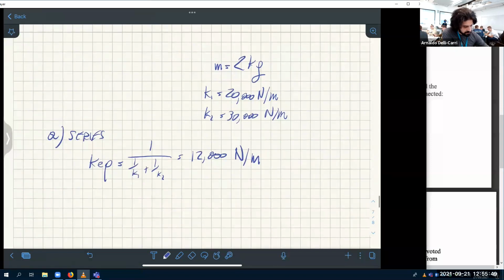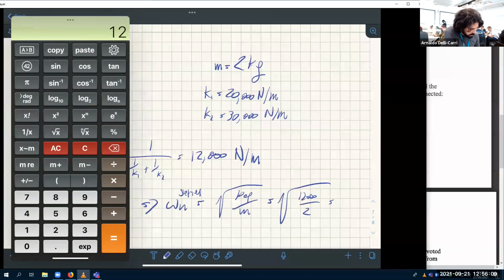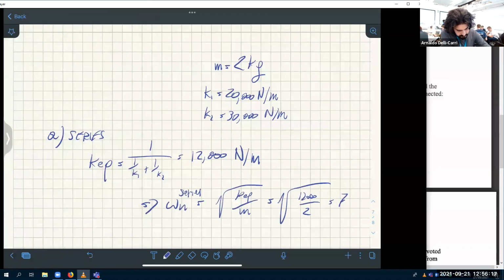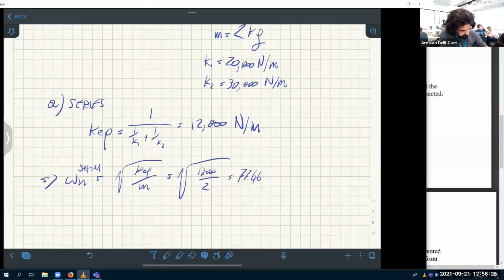And so that means that the frequency omega n series is square root of K equivalent over m, which is square root of 12,000 over 2, is square root of 6,000, 77.46 radians per second. That's it.